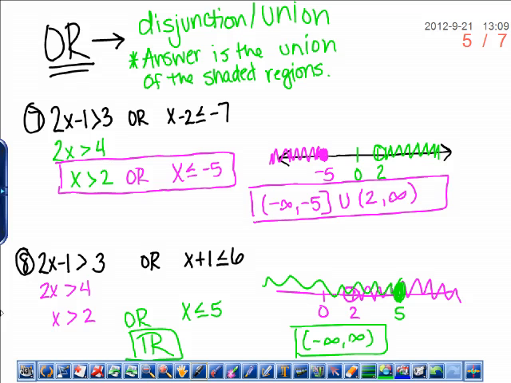If I wrote x is greater than 2 or x is less than or equal to 5, is that wrong? If you write this step, you haven't generalized your solution. You haven't made that jump to understanding that means it's all real numbers. So you would lose quite a bit of credit there.